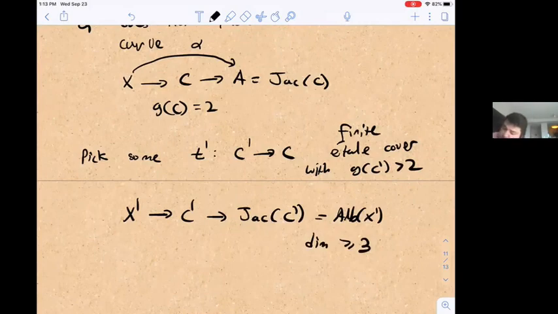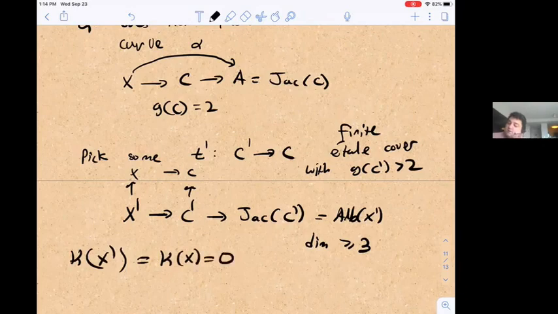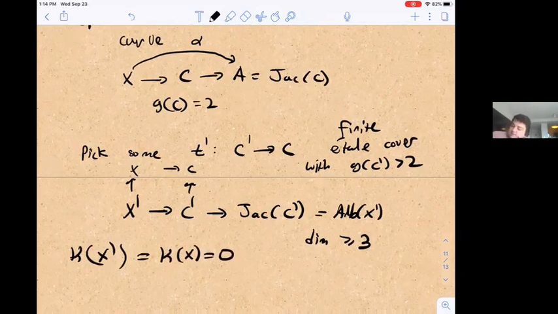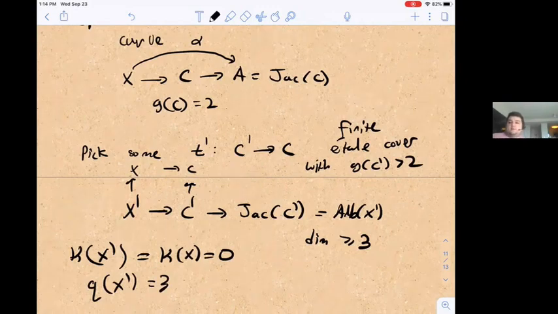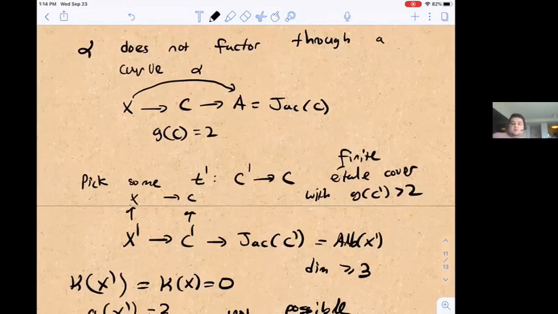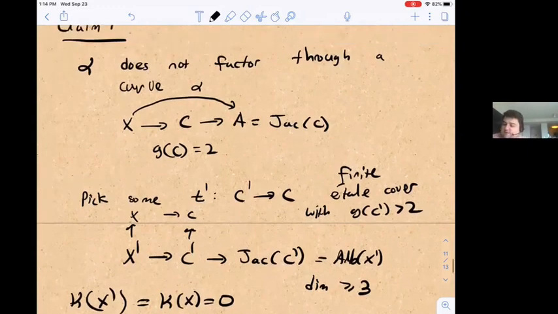But on the other hand, because C prime to C is étale, then when we take the pullback, X prime to X is also étale, so the Kodaira dimension of X prime is the same as the Kodaira dimension of X, which is 0, but its Albanese is 3-dimensional, so the Q of X prime is 3, and that wasn't numerically possible by our inequalities. Okay, so no such X prime exists, so this alpha can't factor through a curve.